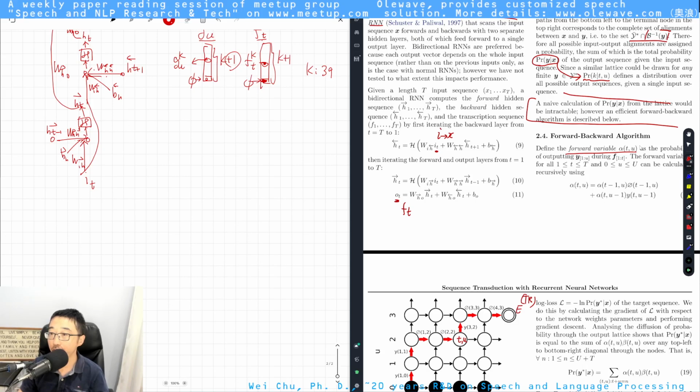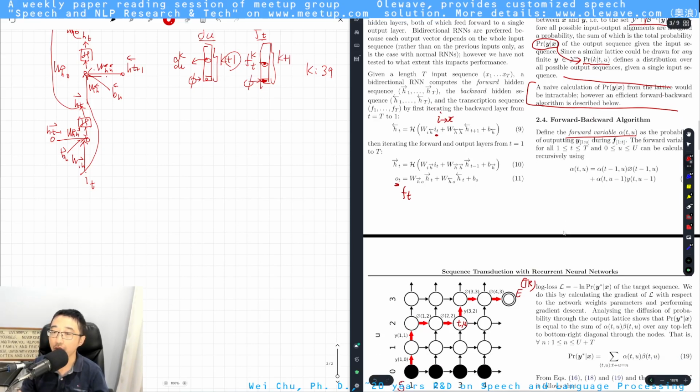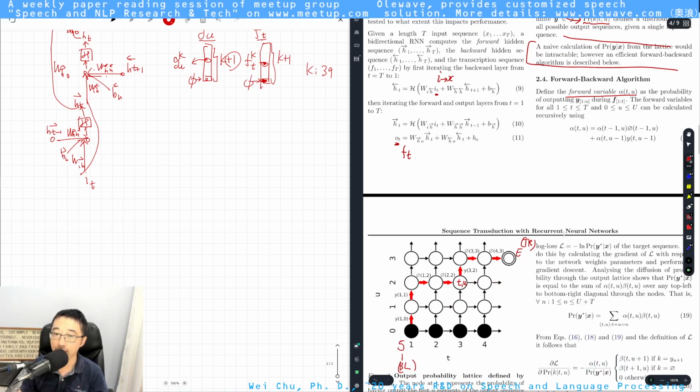So to compute the forward variable at the time t and u, you have to get the t minus 1 and u, and also t and u minus 1 first. Sorry, I didn't write it as well. I hope you're with me, okay?